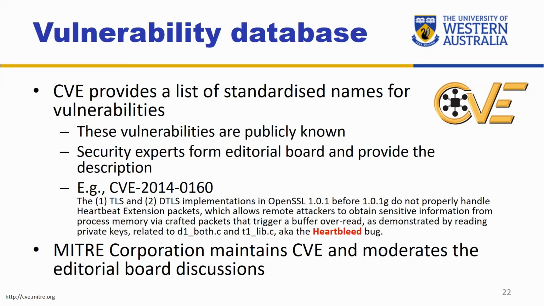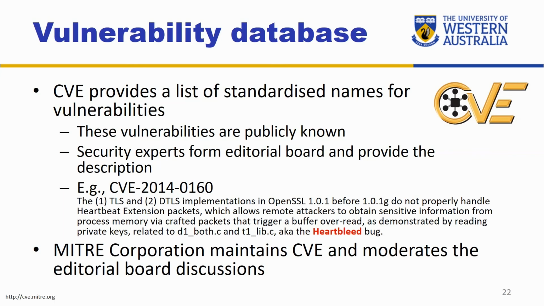So if you're the first vulnerability found in that year, you will be given number 0001, and then 0002, etc. This is not fixed at 4 digits, so it can be up to 5 digits or even more. It starts from 4 digits, and then it grows larger if necessary.